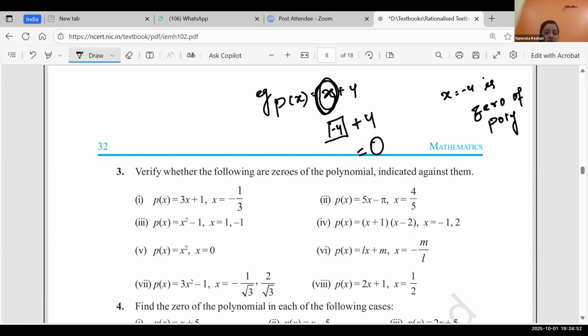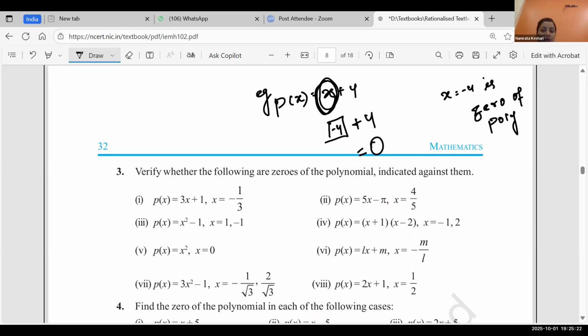Ma'am, we can also write it like x plus 4 equal to 0 and then bring the 4 to the other side, like the transposition method. Yes, I'm coming to the process, but I want you to realize the meaning of zero. Zero means that x value which can make our polynomial zero, which can make this complete algebraic expression zero. Yes or no?